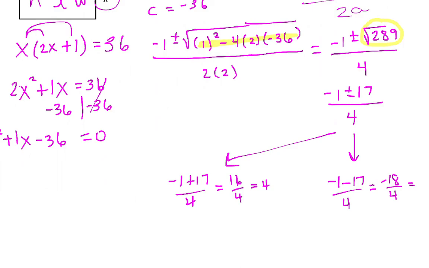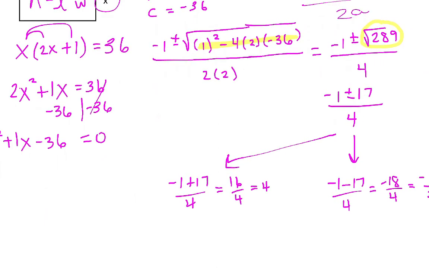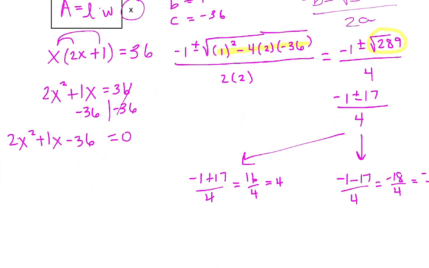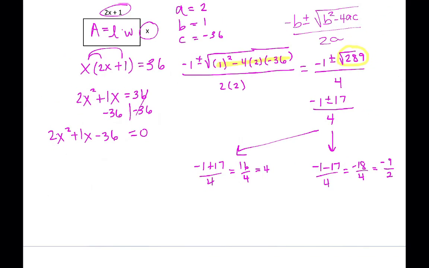Which that gives me -9 over 2. So I have my two solutions, 4 and -9 over 2.